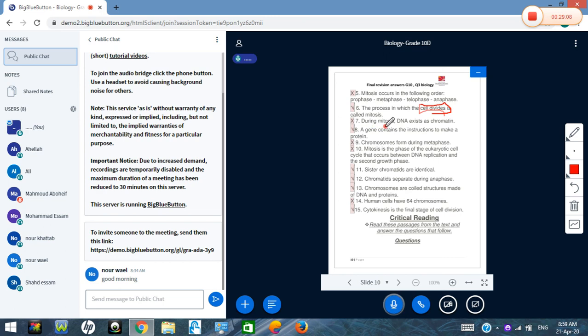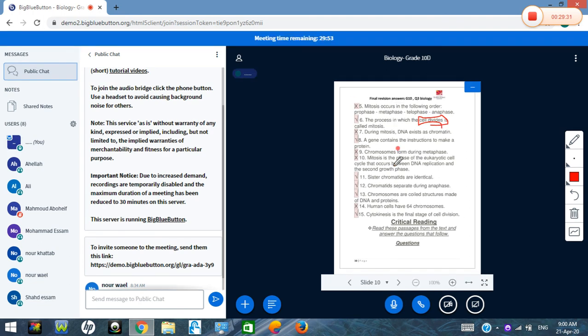Number 7, during mitosis, DNA exists as chromatin. Number 7 is wrong. Why? DNA exists as chromatin during interphase, not during mitosis.